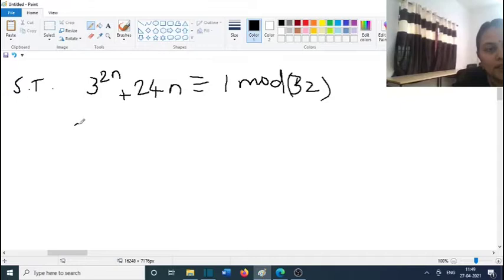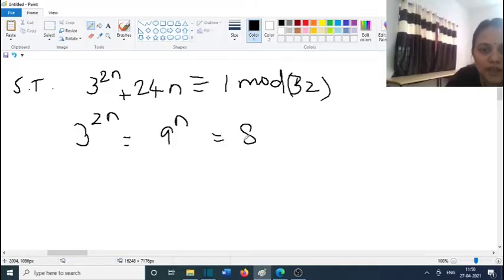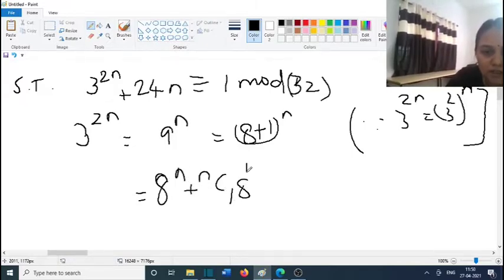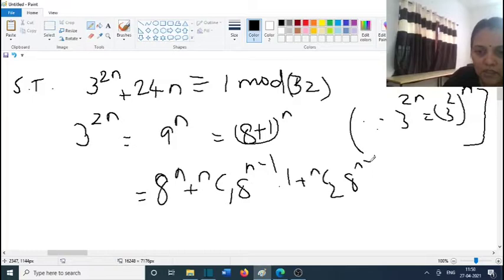For that, take 3 raised to 2n, which is equal to 9 raised to n, that is 3 square raised to n, which is equal to 8 plus 1 all raised to n, since 3 raised to 2n is 3 raised to 2 all raised to n. 8 plus 1 all raised to n is 8 raised to n plus nC1 8 raised to n minus 1 into 1 plus nC2 8 raised to n minus 2 into 1 square, which is again 1, plus etc.